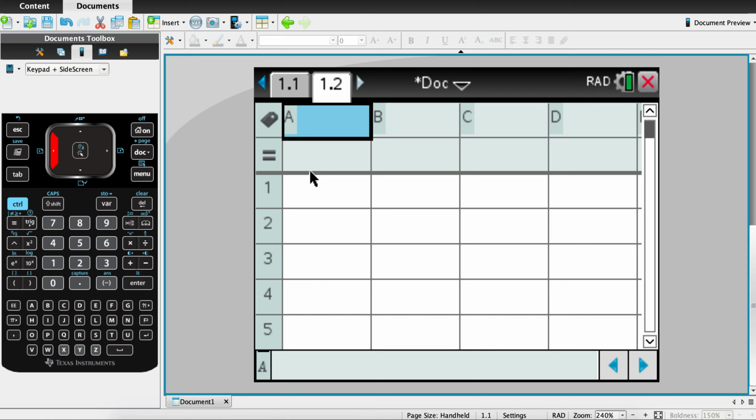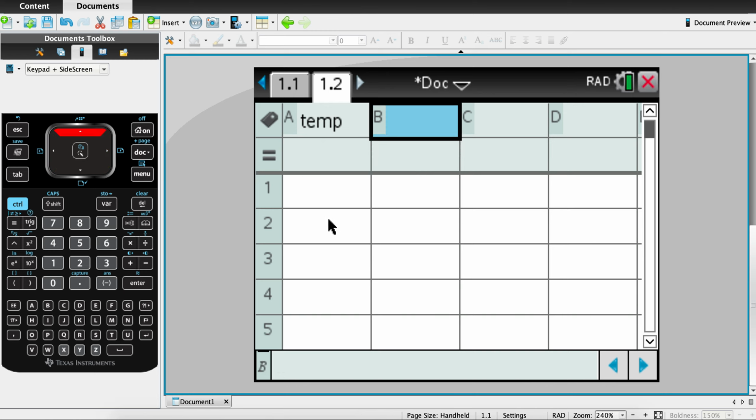What's most important though is that in column A, you type in the name of your data. So the first variable I'm going to use is temperature. I'm just going to put in temp for temperature, only because it takes a little while to type on this calculator screen. The second one is number of pies sold. So I'll just call that pies.